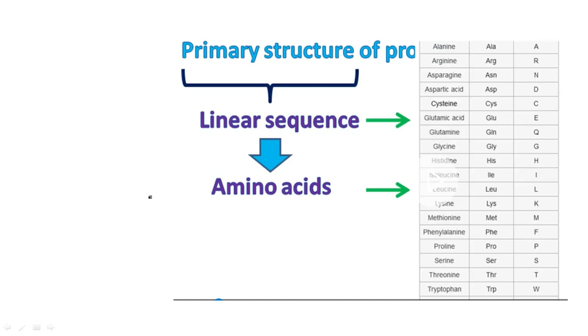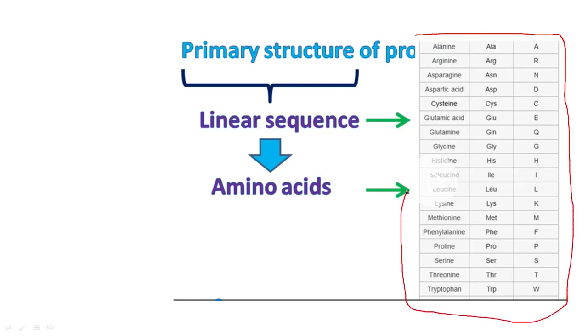In the previous lecture, we have seen the structures of different amino acids: alanine, arginine, asparagine, aspartic acid, cysteine, and we have also seen the classification of these amino acids. All of these amino acids are linked together to form the primary structure of proteins.